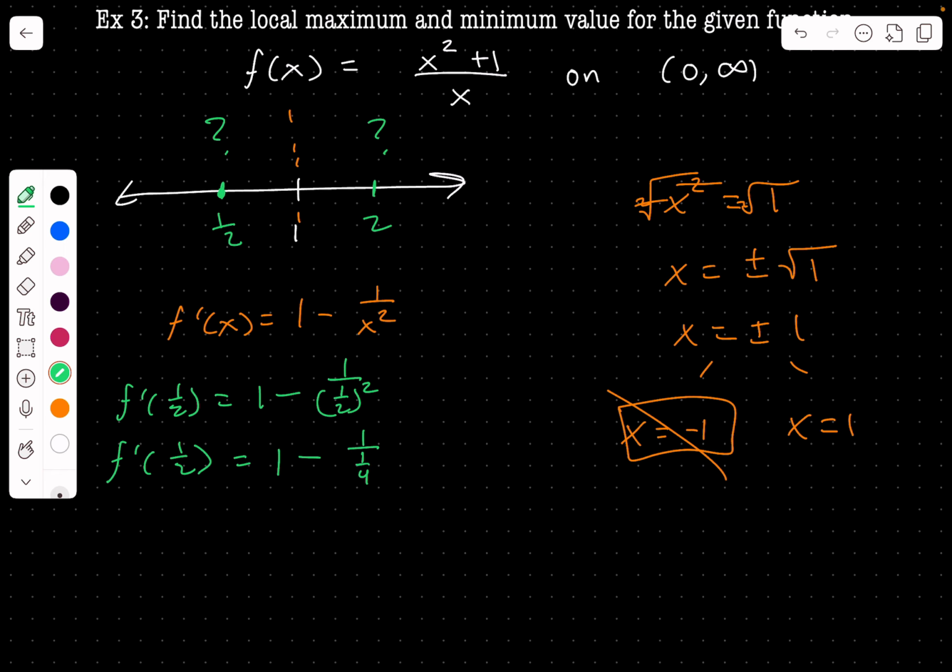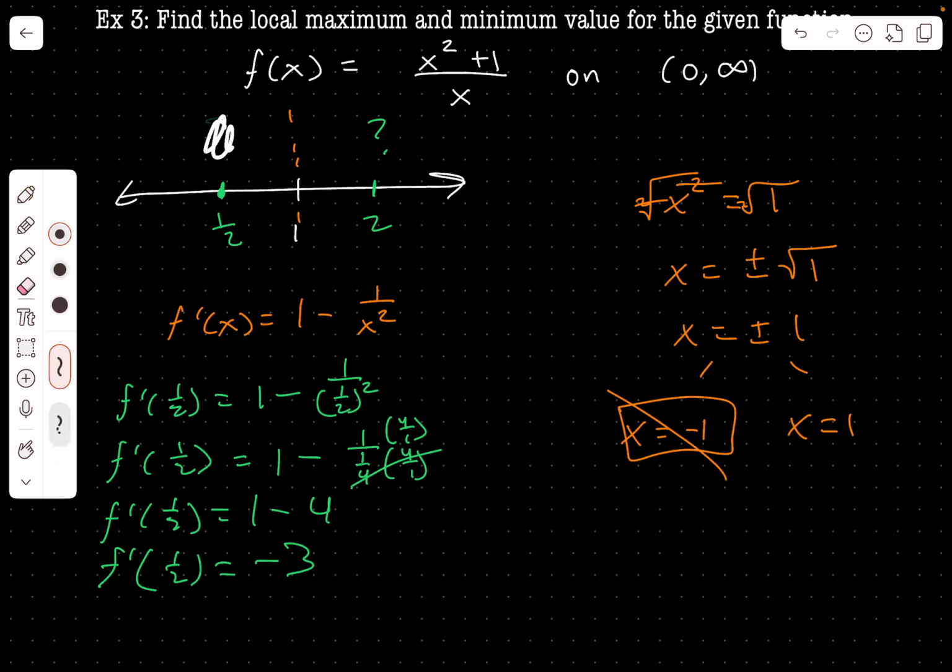Therefore, we have 1 over 1/4. This is illegal. We cannot have that. So we need to put it in a proper form. To do that, we can just do the reciprocal, which is 4/1, so that this cancels out. Then we get f prime of 1/2 equals 1 minus 4. 1 minus 4 is f prime of 1/2 equals -3. So it spit out a negative. So over here, we have a negative.